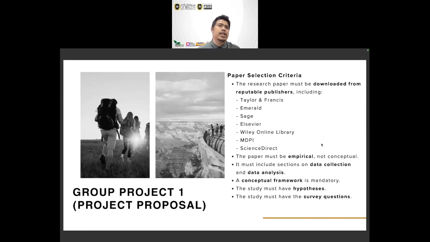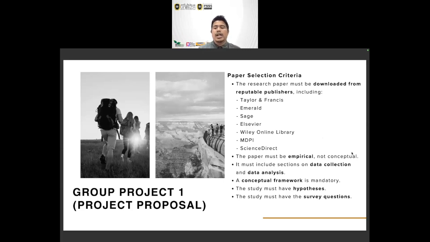Basically, if there is data collected, and the collected data is analyzed and presented and there is a result, then you can proceed with the paper. But if the paper is only conceptual in nature, just filter it away. Don't shortlist that kind of paper. I only focus on empirical papers.